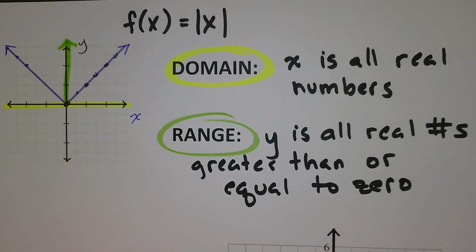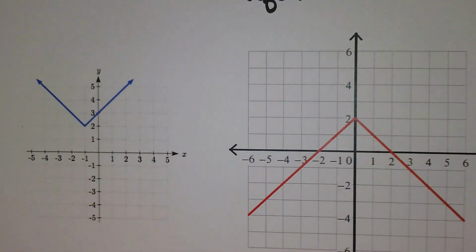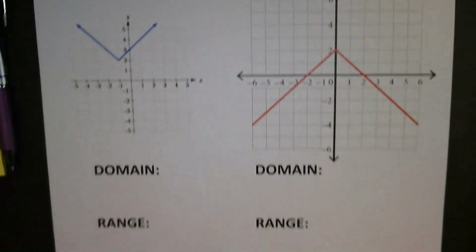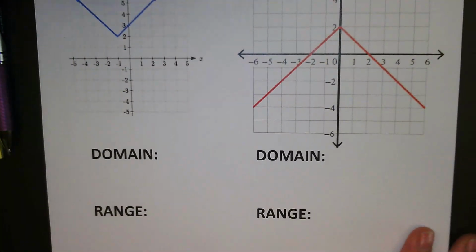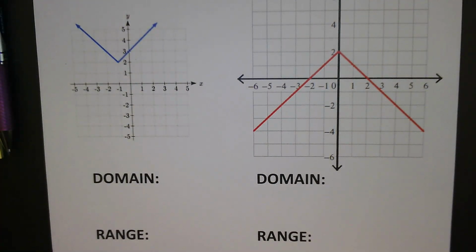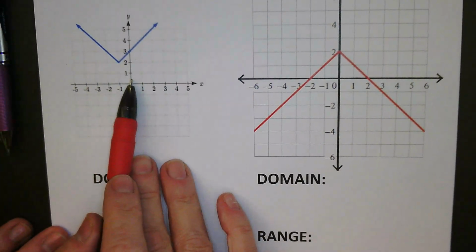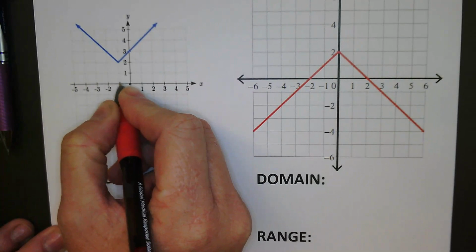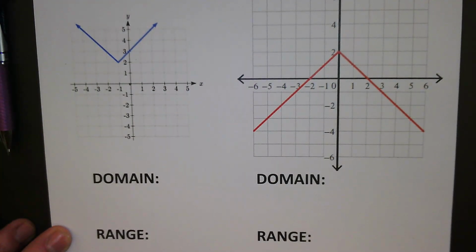So let's take a look real quick at a couple absolute value functions where they've been shifted around a little bit. Let's see if I can get this where we can see it well. There we go. I want to see the graph and room for the domain and range. Okay, so for this one, this graph has been shifted off the vertex, just 1 unit left and 2 units up.